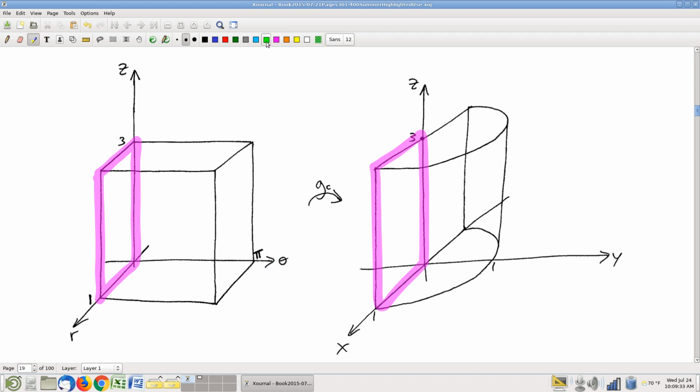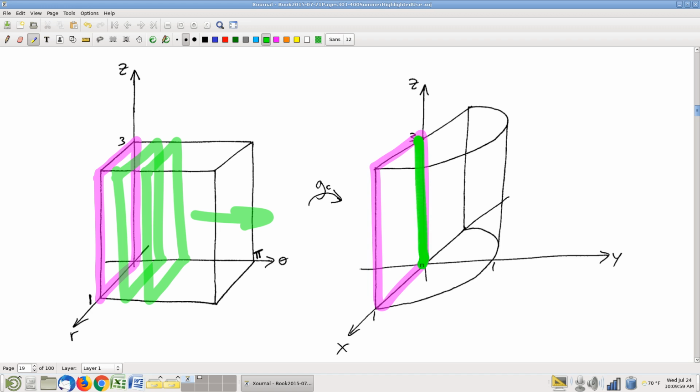Now, what happens as I move along like that? Each one of these green slices that I've drawn here in the cylindrical pullback space represents a fixed value of theta, with z going up to a certain height, r going out to a certain radius. Different fixed values of theta, but otherwise the same.